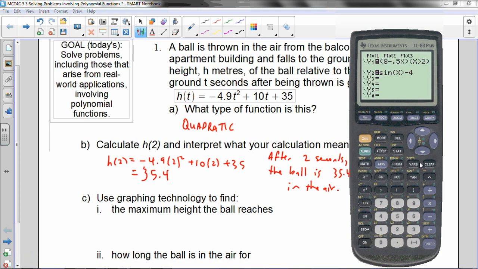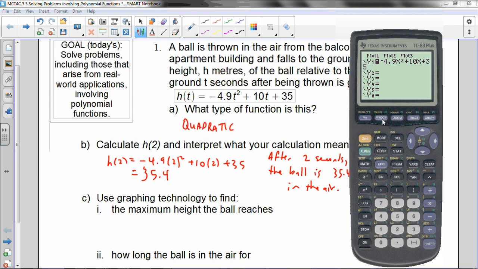We've sort of been working on this the last couple of days, I think. The function is negative 4.9x squared plus 10x plus 35.